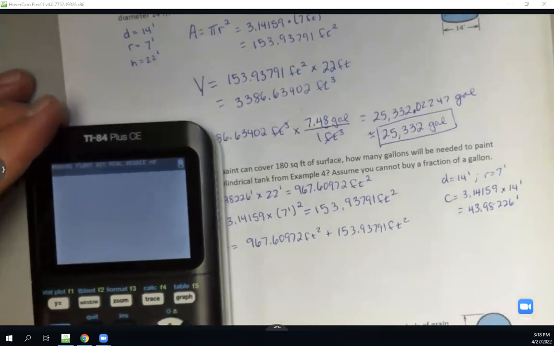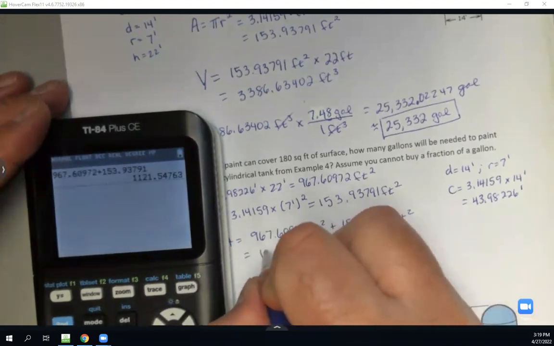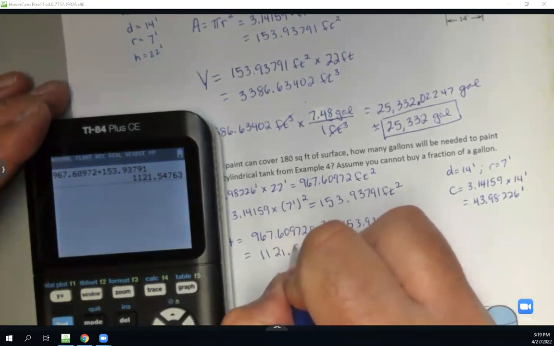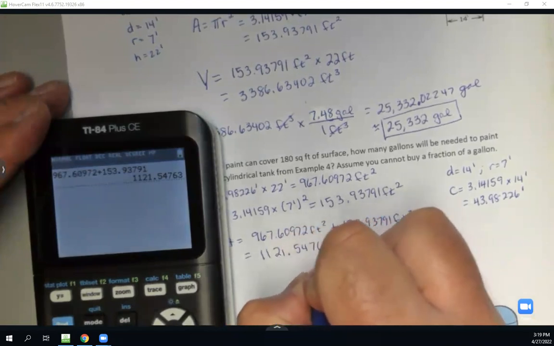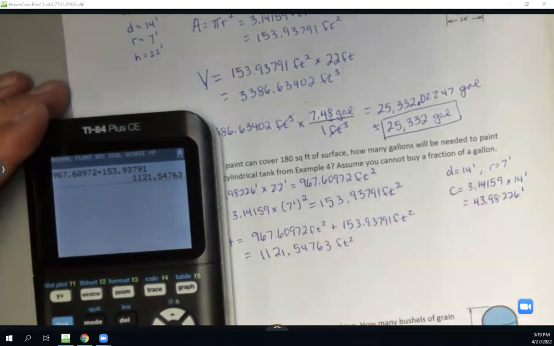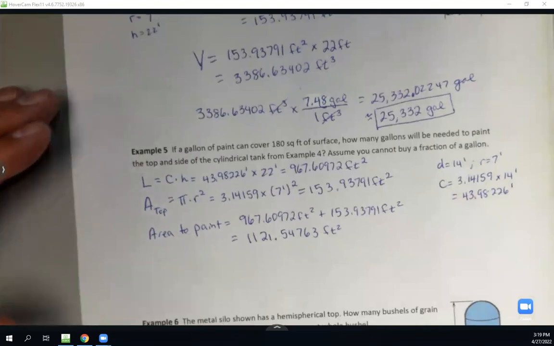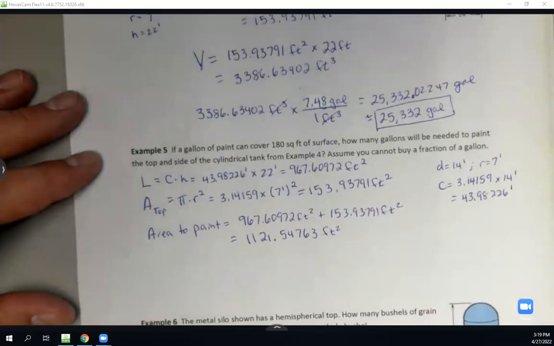So if I add that together, 967.60972 plus 153.93791, that is 1,121.54763 square feet. So we need to paint that many square feet of surface.